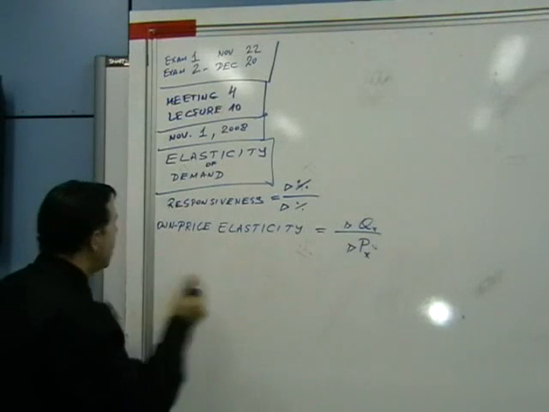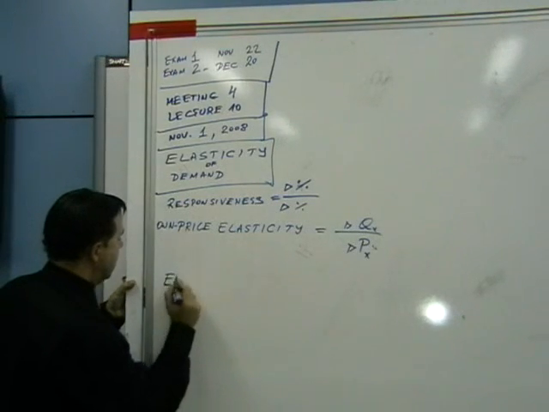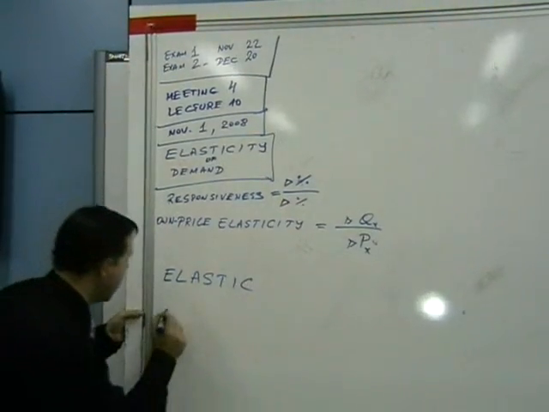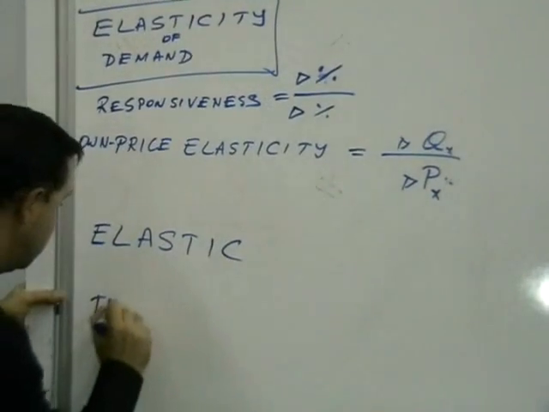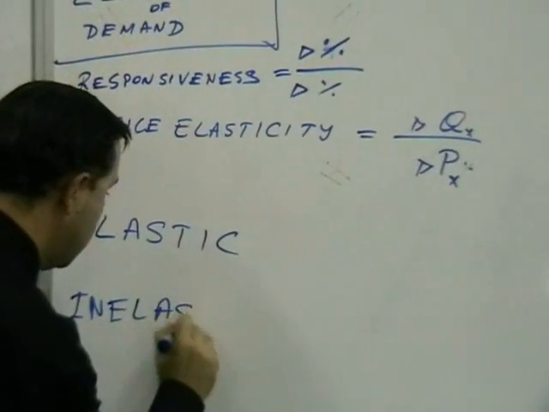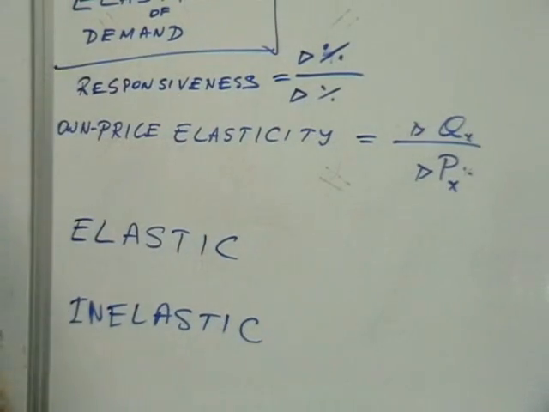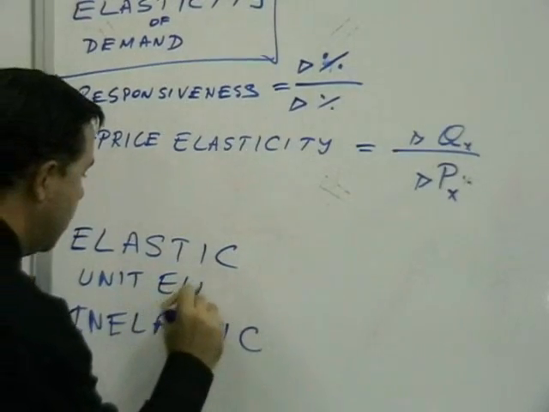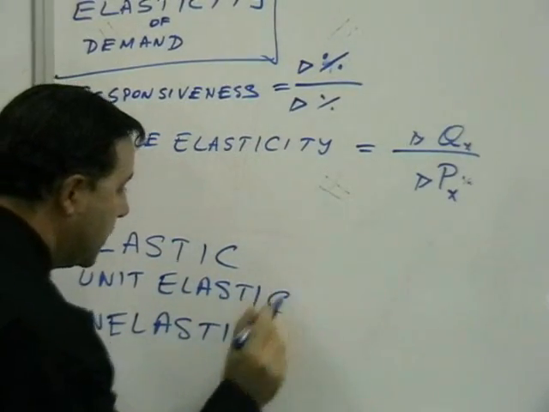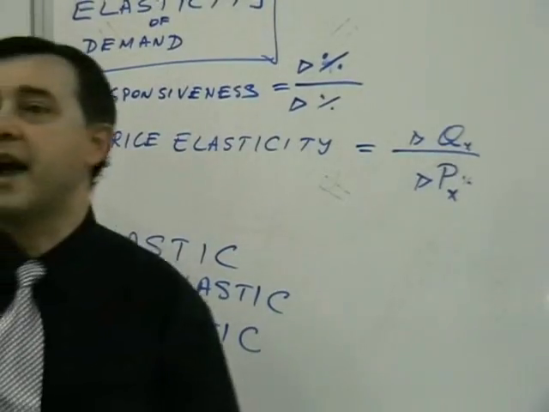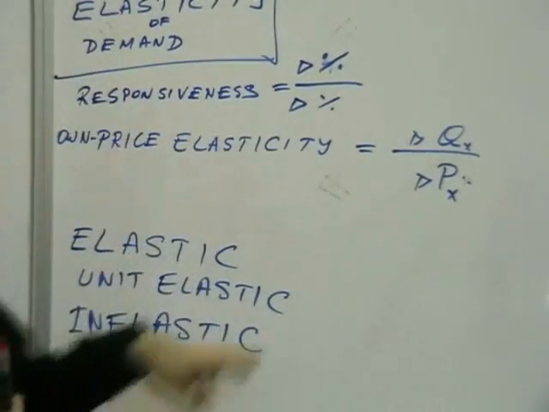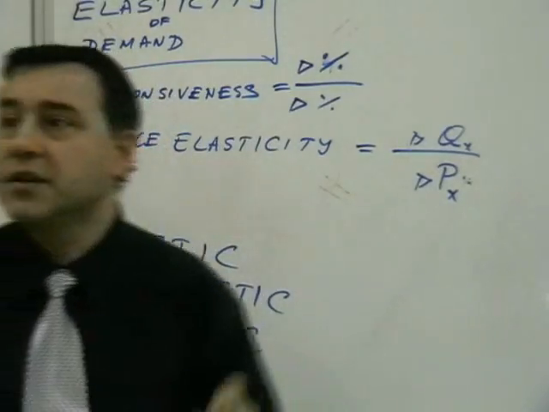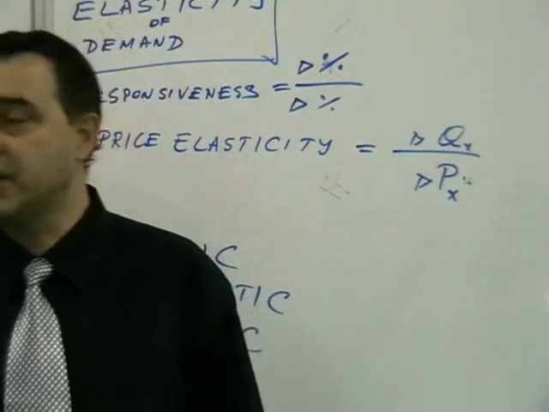So, you have three cases. One is elastic, another one is inelastic, and the third case we call unit elastic.